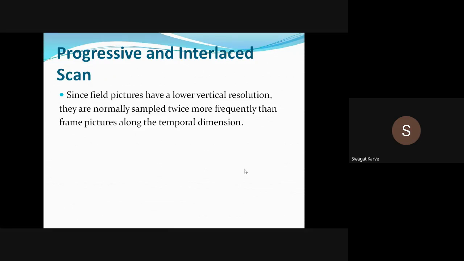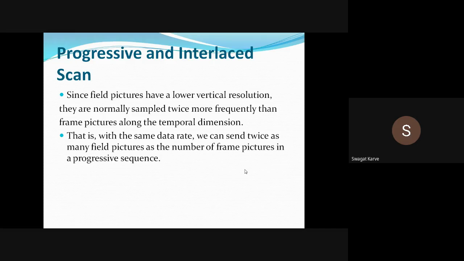If you don't use it then you know what will happen. Overlapping is there, right? So sampling frequency should be greater than or equal to twice of the FM. Okay, so you go for progressive sampling or interlaced sampling, but you have to always follow the sampling theorem.